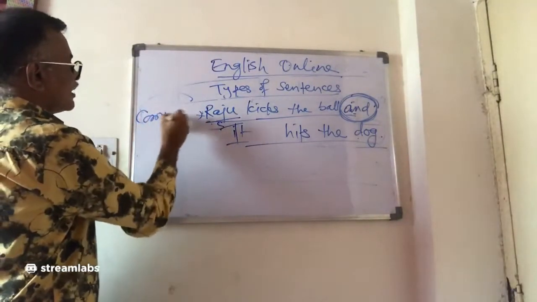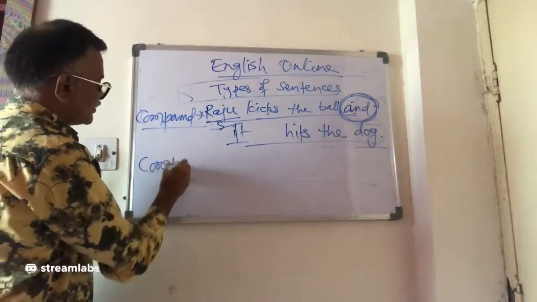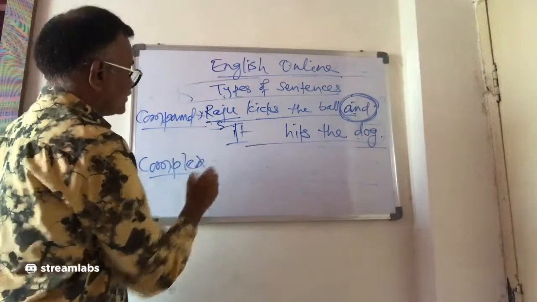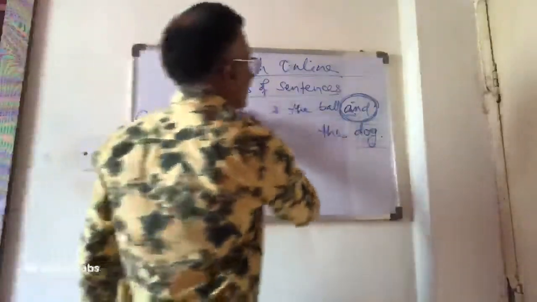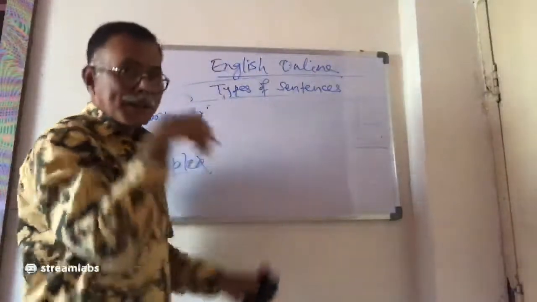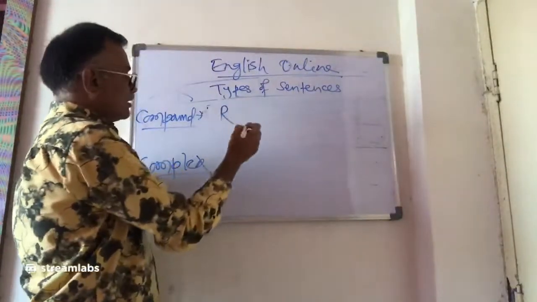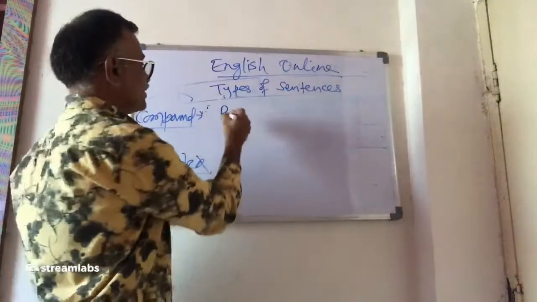And furthermore, there is another one which we call a complex sentence. What is that type of sentence? Let us see with this example again. If I write the same sentence using a different kind of structure, let us see.